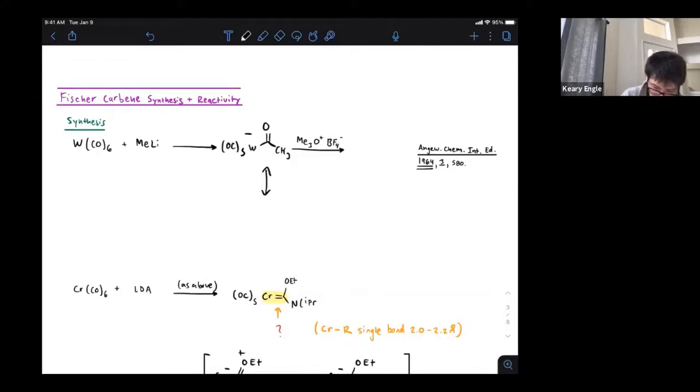So it adds in. There are two resonance forms that you can think about, the one shown on top, and then this other shown here. Then react with a strong methyl electrophile to cap the oxygen of this metalloenolate, if you want to think of it in those terms.